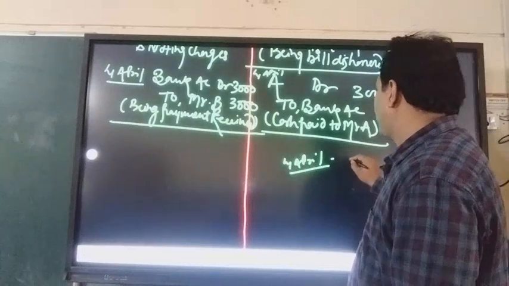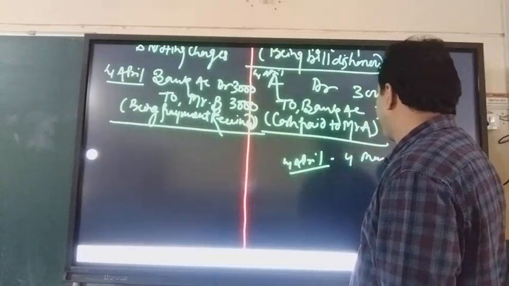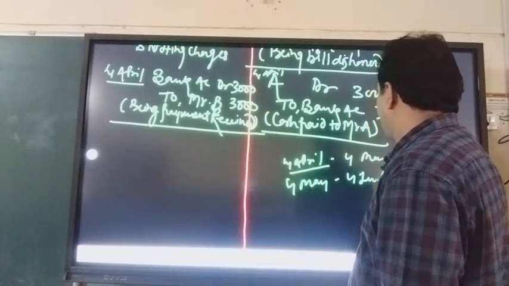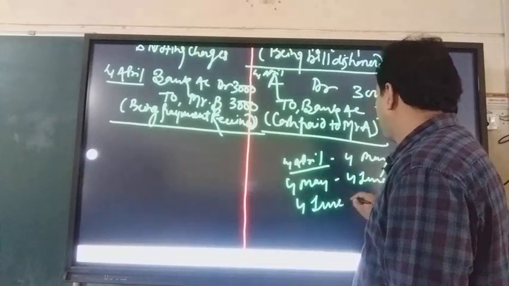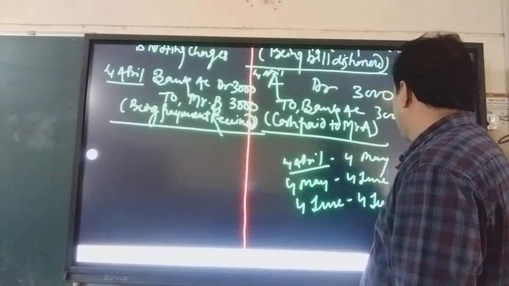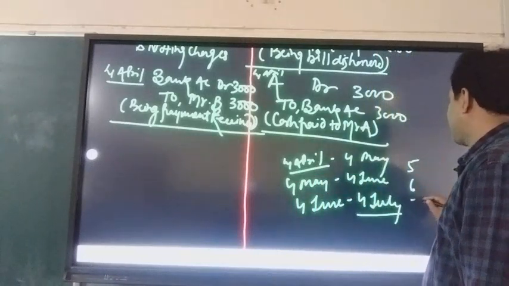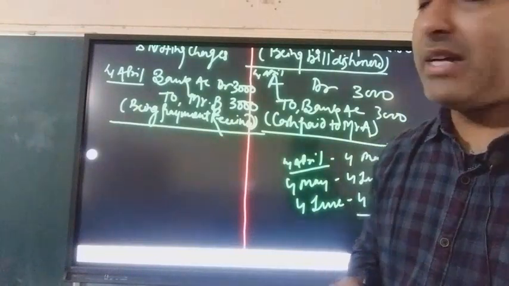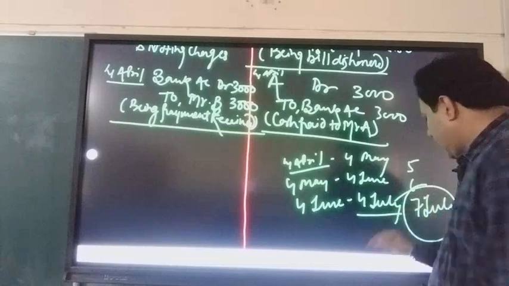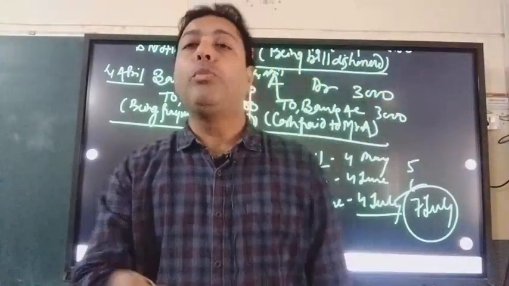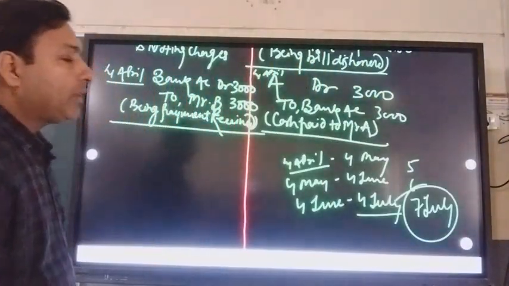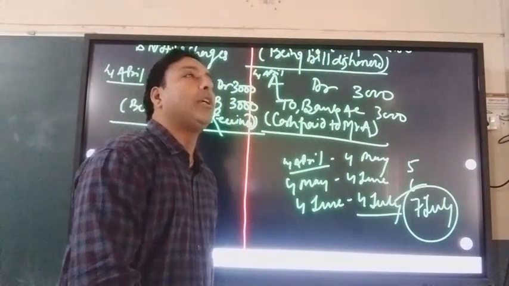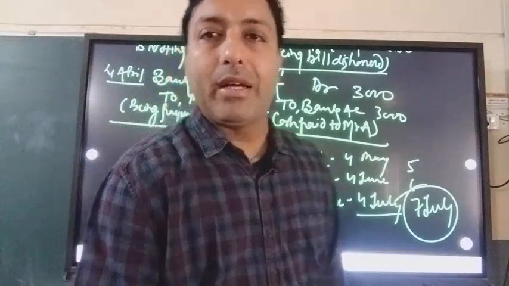So 4th April to 4th May, 4th May to 4th June, 4th June to 4th July, 5, 6, 7 July. The due date of the new bill is 7th July. यानी 7 July को क्या है? आपकी ड्यू डेट है और ड्यू डेट में ही आपको पेमेंट करना है.